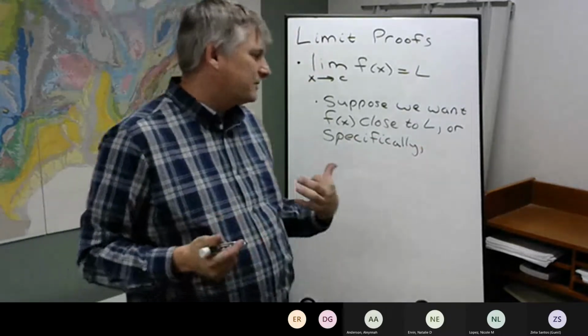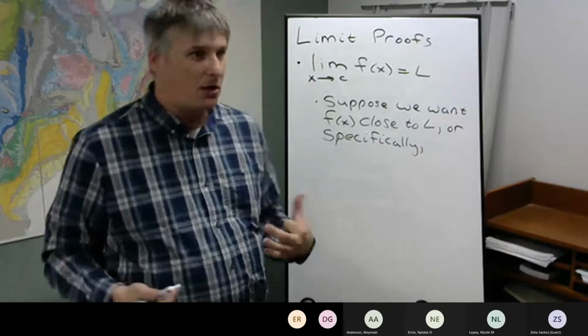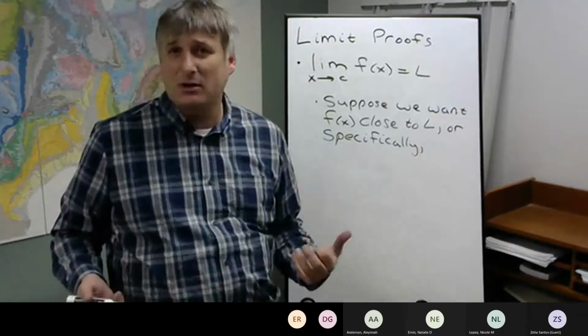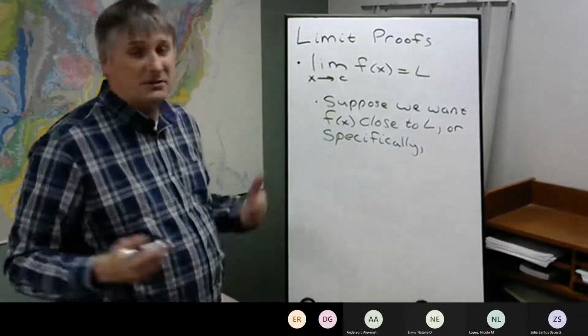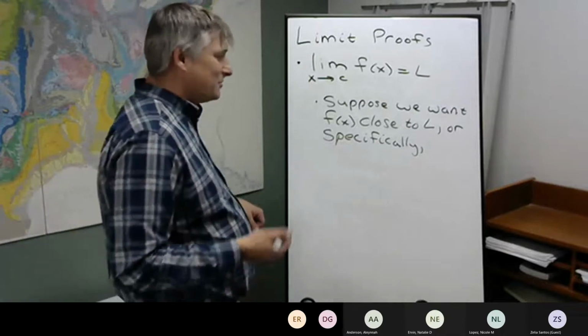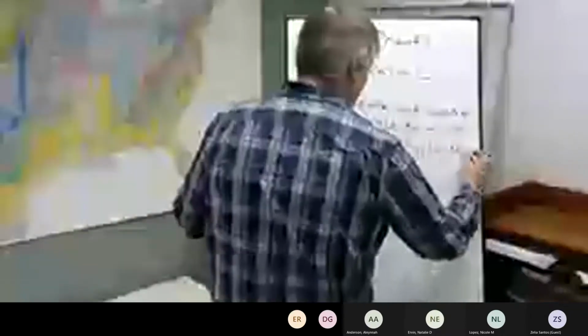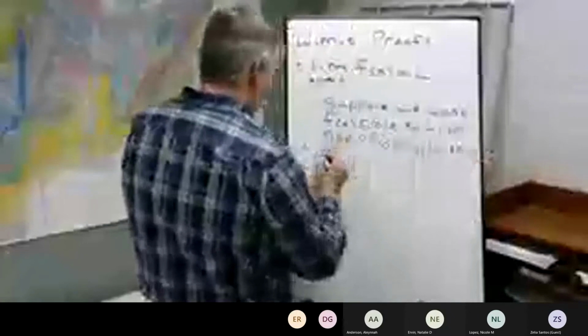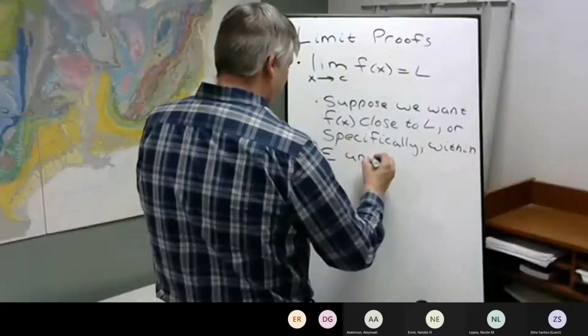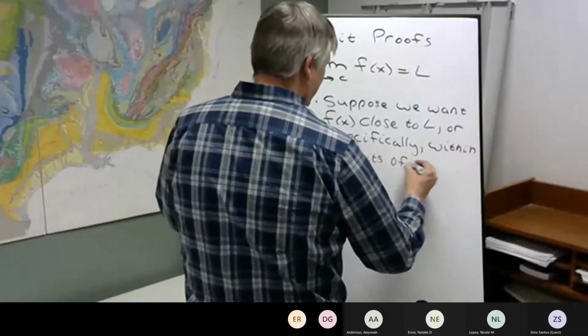We want f of x to be near L or close to L. What does that mean? Well, let's attach a number to it, or a symbol for a number. So specifically, within epsilon units of L.